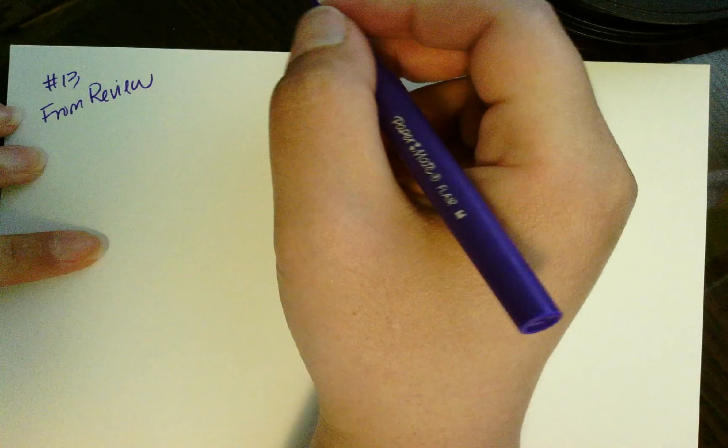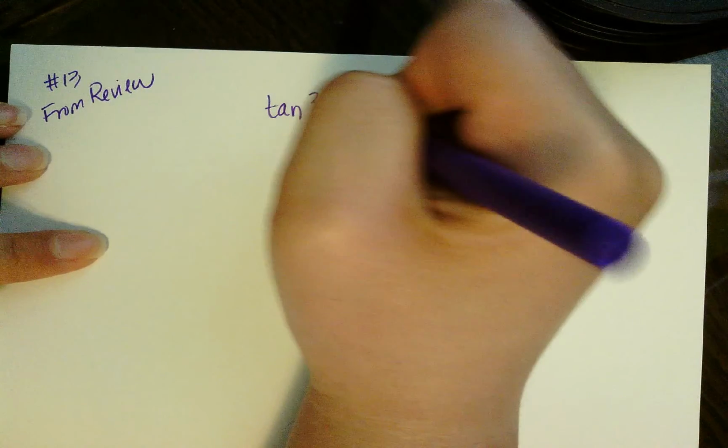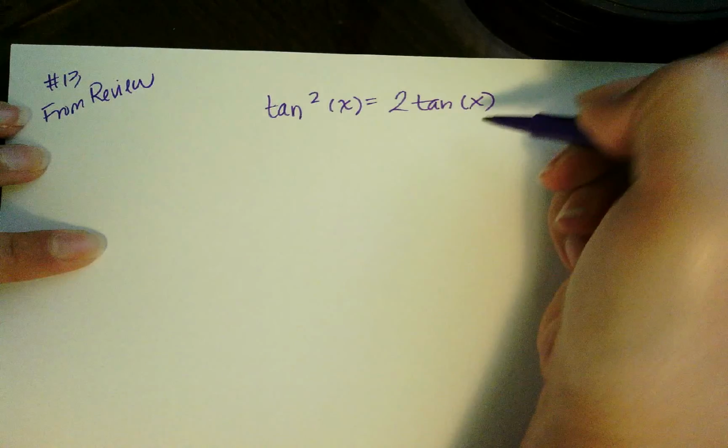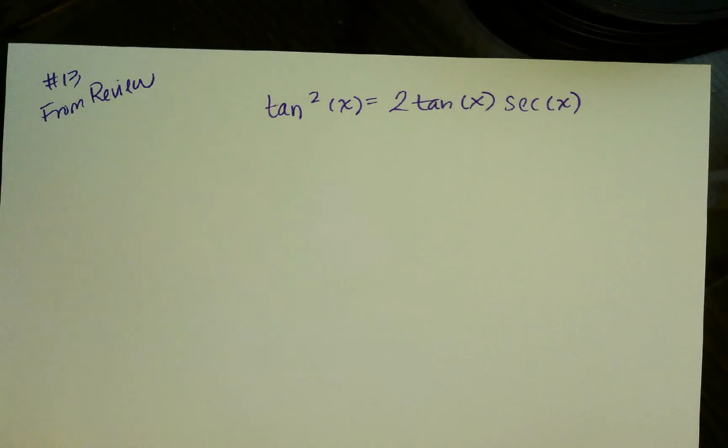Number 13. That says find all primary solutions of tangent squared of x equals 2 tangent of x secant of x. Well, that's fun.